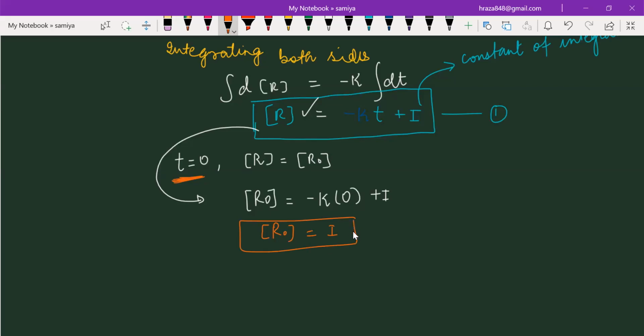So I'm going to put the value of I in the first equation. Then you will get a formula: R is equal to minus kt plus R naught.